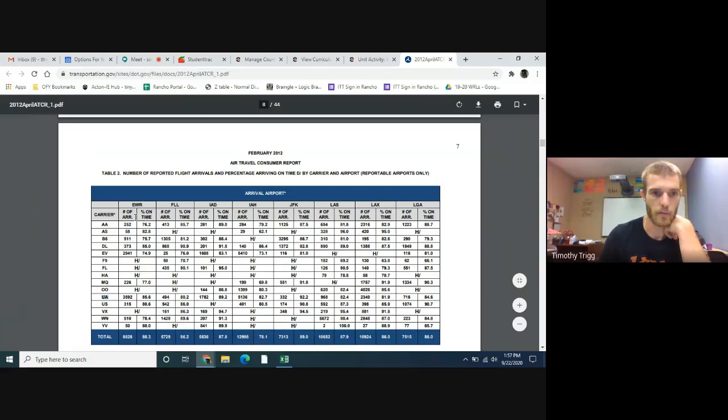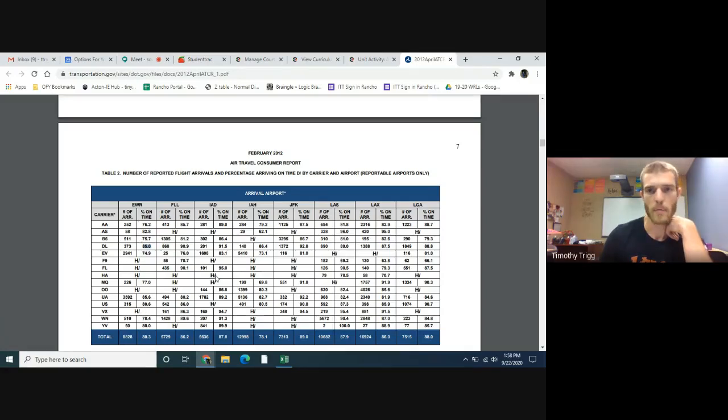For example, for this city, you could see all the probabilities of arriving on time, and you could see Delta Airlines does better than these other ones, but not quite as good as United Airlines.